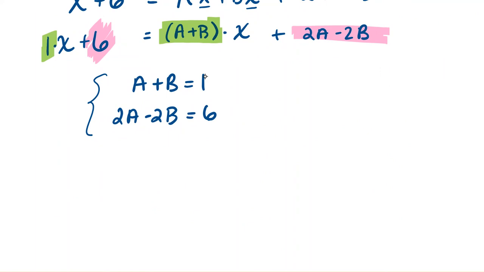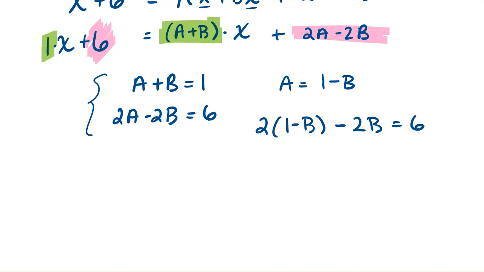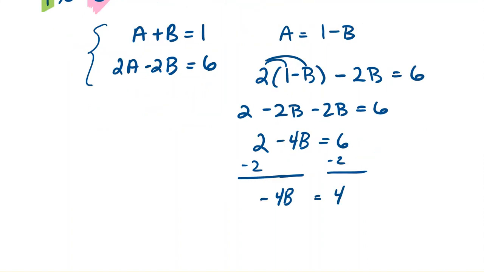To solve the system of equations, I might just solve for one of the variables and then substitute into the other expression. So we solve for a and we substitute this value into the other equation. Solving for b, we could subtract 2 from both sides.